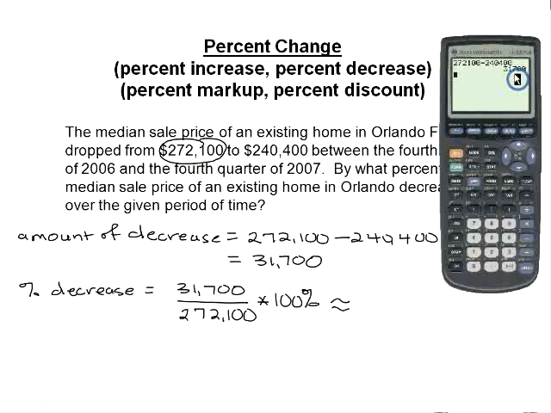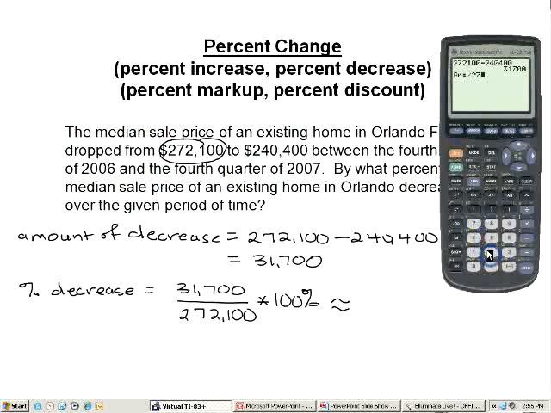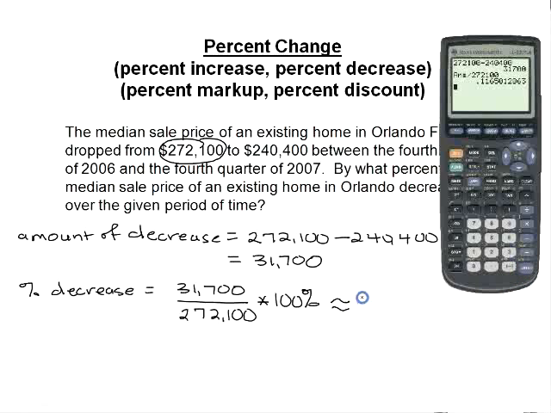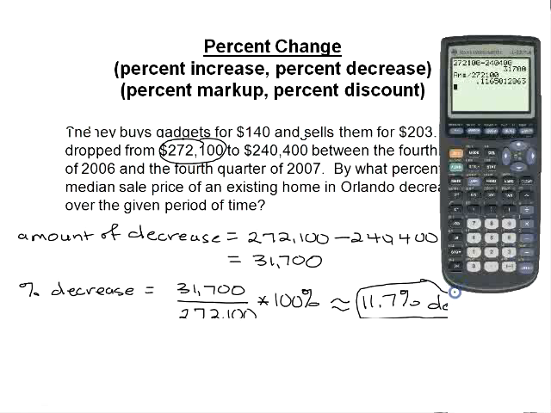Now, the display on my calculator has the $31,700 on it. That's the output from my previous calculation. And I just need to divide that by 272,100, the original, and then slide the decimal 2 steps to the right, and we'll have approximately 11.7% decrease in the price of a home in Orlando over this particular time period.